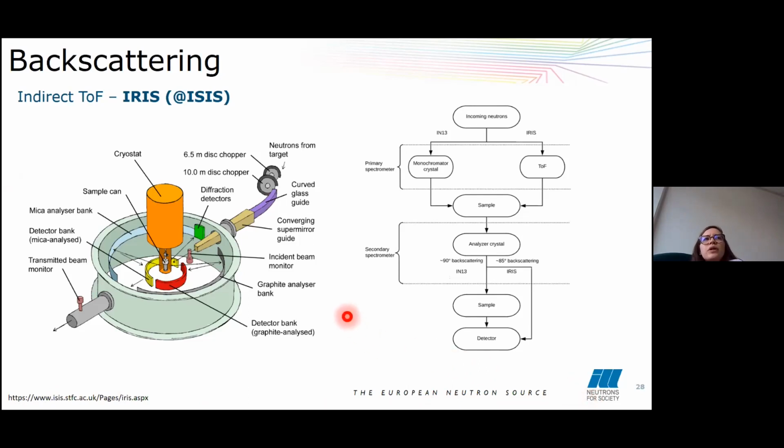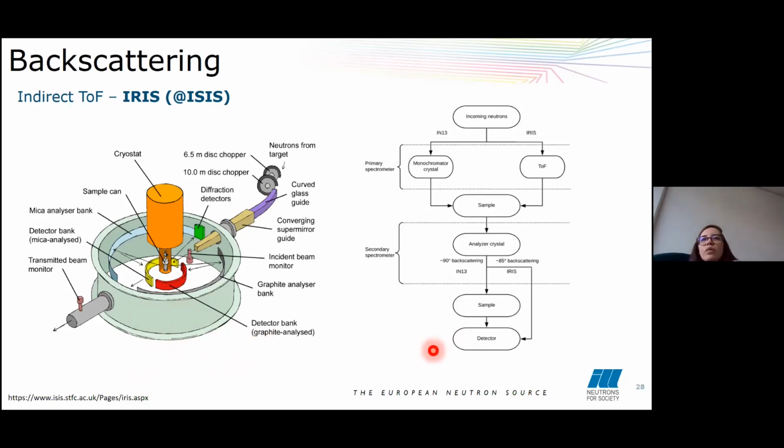If I'm not wrong, the resolution of IRIS is around 17 microelectron volts, and for IN13 it is about 8. Another difference between IRIS and IN13 is that the analyzed neutrons in IRIS go directly to the detector without passing through the sample a second time.